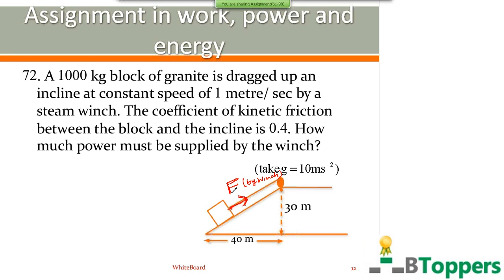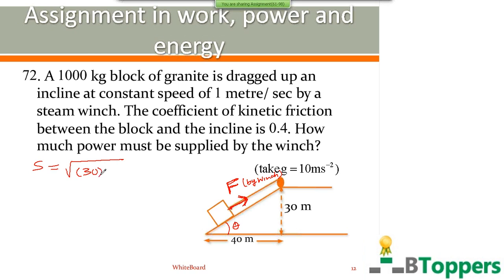To calculate the power, you have to calculate the magnitude of the force applied by the winch. That is one method. The other method is you can apply work energy theorem to calculate work done by this force F. Because you are not given the time interval T here, we'll try to find the magnitude of force applied by the winch here.